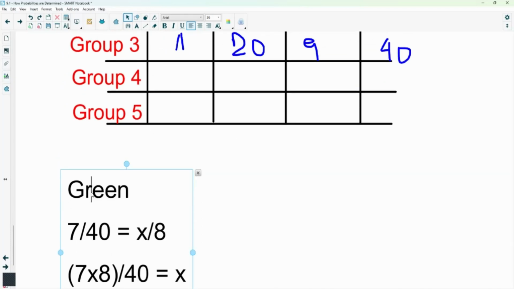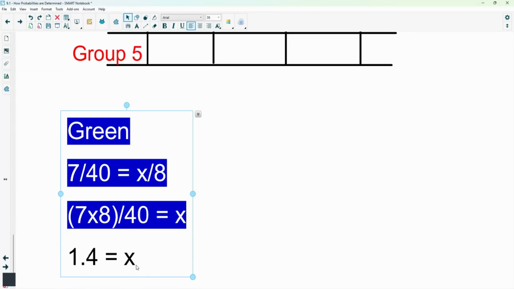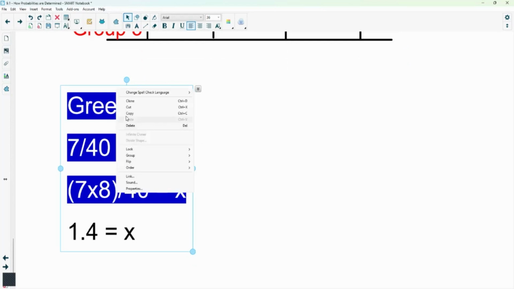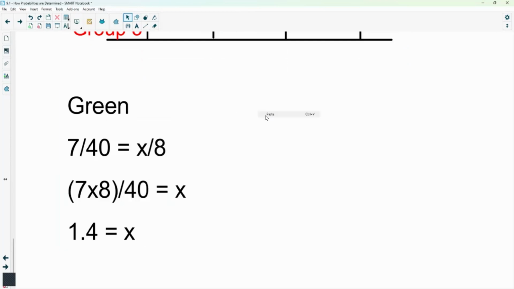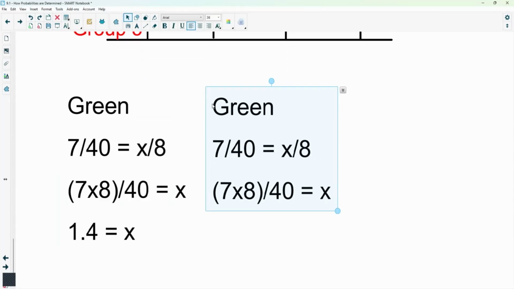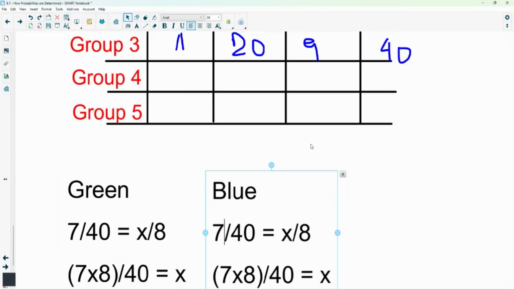And then we repeat the same thing for all the other ones. So let me see. Let me copy all of this. Okay, let me copy. And we're going to do the same thing for blue. And then the goal for this, let's see, they have how many blue?